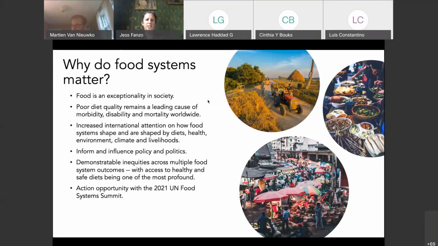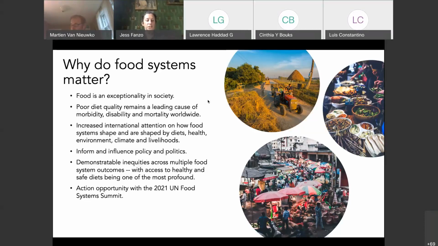So the diets that most people are consuming in the world remain suboptimal for human health. And even more so now, healthy diets are not accessible for many, they're costly for many. And we're seeing that the type of diets we're eating put incredible environmental constraints on the planet.